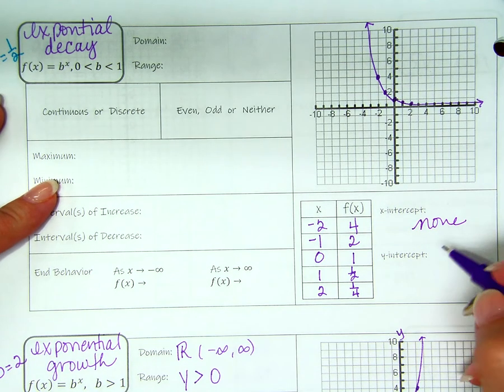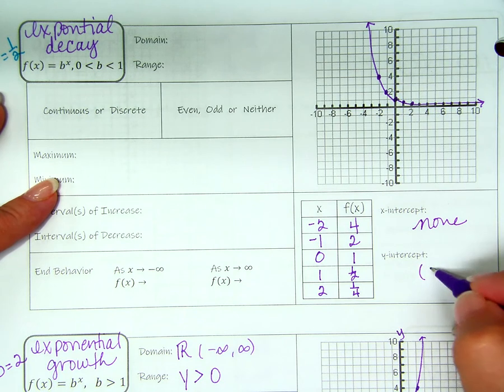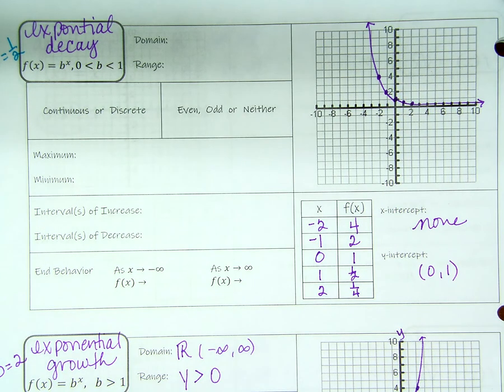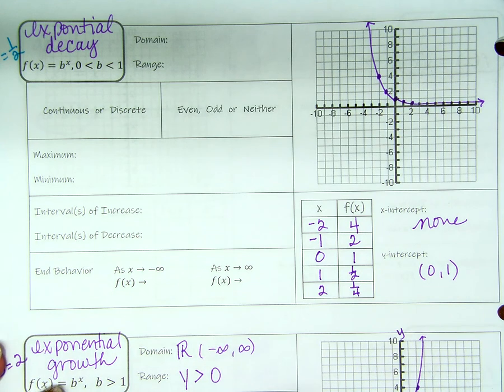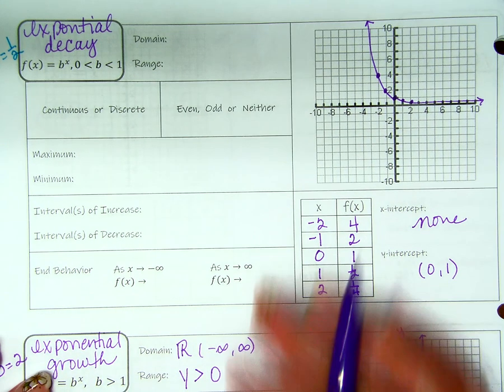What's my y-intercept? 0, 1. I really feel like I need to show you something on the other side. Can I do that real fast? Can you finish this on your own? Okay.